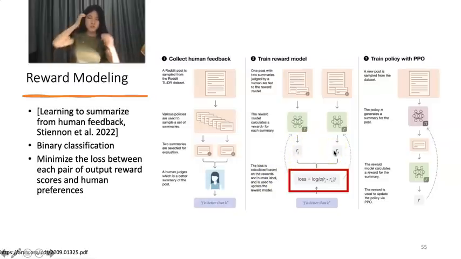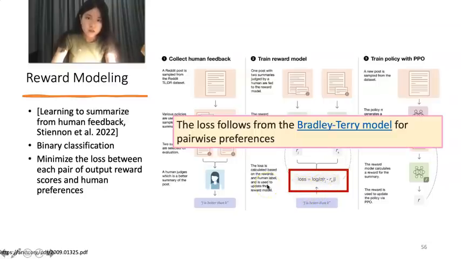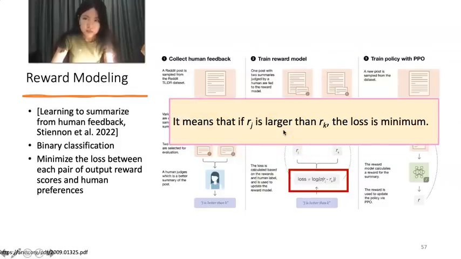To let the model achieve this, we define this log sigmoid loss. This loss follows from the Bradley-Terry model for pairwise preferences. It means that if RJ is larger than RK, the loss is minimum, right?